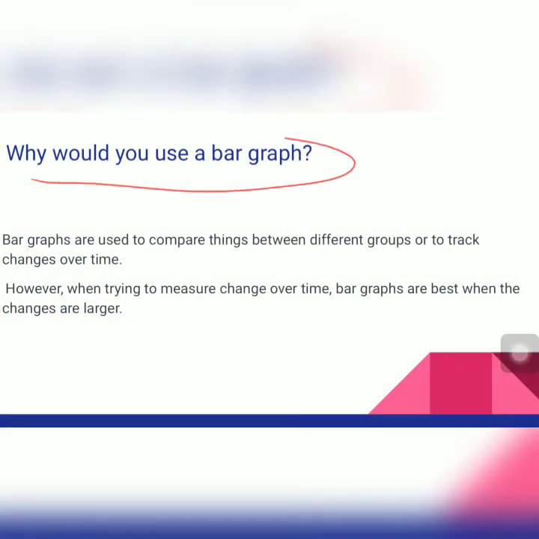Now, why would you use a bar graph? A bar graph is used to compare things between different groups or to track changes over time. That means, suppose we take an example of the sales of a particular commodity or item over a period of time.